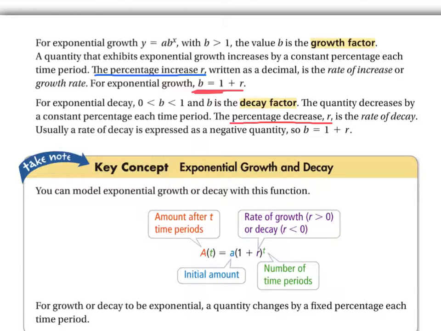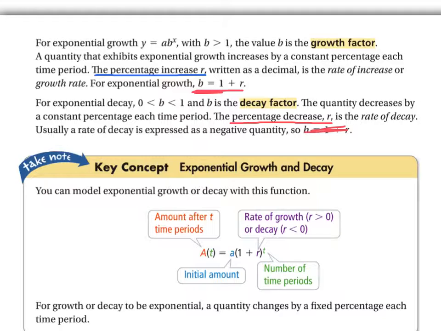Okay, I prefer to keep my percentages always positive and think to myself, am I adding it on? Is it increasing? Or am I subtracting it away because it's decreasing? Catch what I'm saying? So I don't use 1 plus r when I do these. Okay?